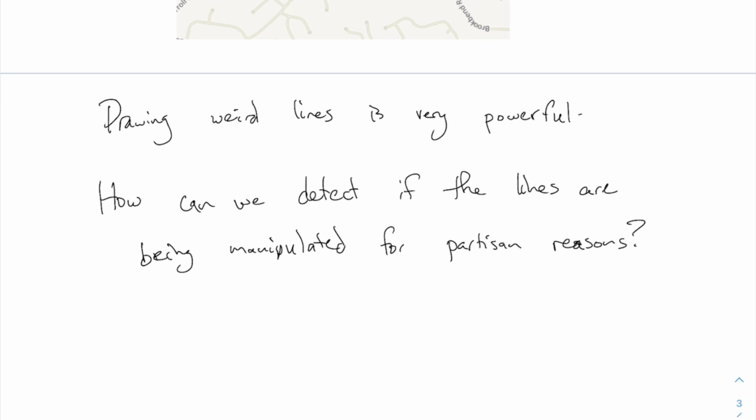Some people have suggested we should just make a law that all of the districts should be drawn by computer algorithms so that there can be no partisan manipulations. To me, that sounds like a decent idea on the surface, but it hides the fact that somebody is going to have to create the computer algorithm, and the algorithm will be designed to have a certain type of output. You have to tell the computer, I want you to draw the districts to look like this or that.